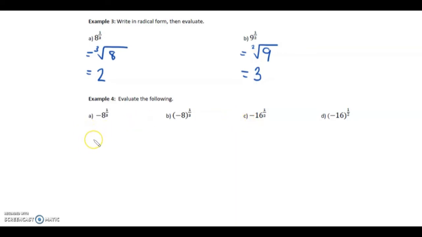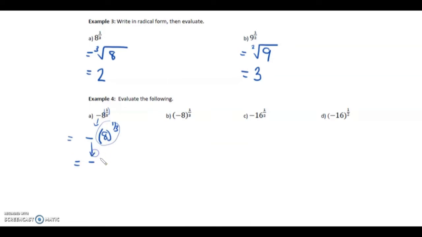Okay, so pay attention to the plus minus signs, because these are very, very similar questions here, okay? This cube is only on the 8, so we're going to bring down this negative sign, and then we're going to take the cube root of 8. So the cube root of 8 here is 2.